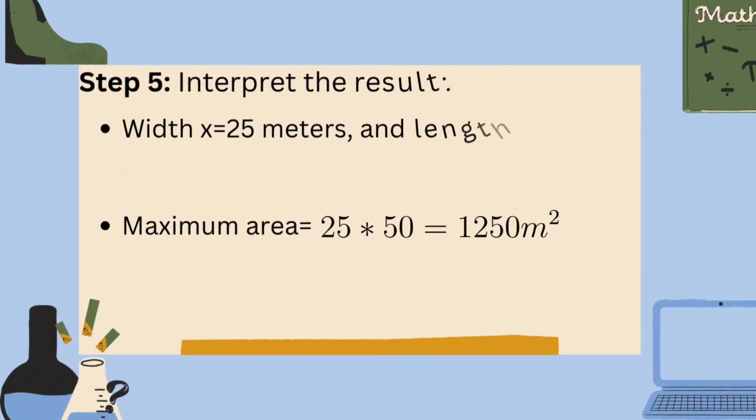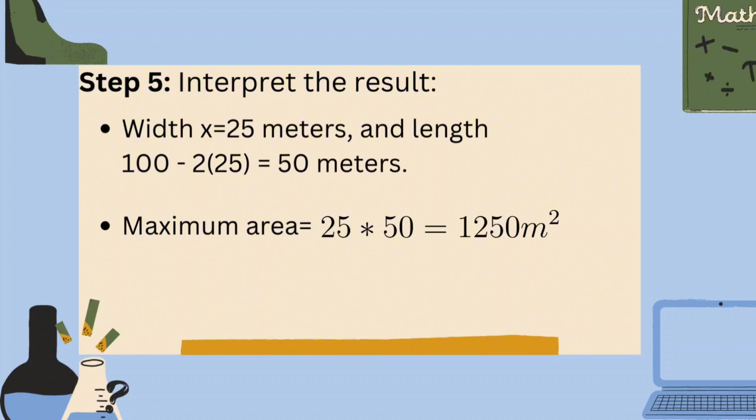And lastly, for the fifth step, we need to interpret the result. We need to verify the solution against the context of the problem. So as we got from the last step, x equals 35 meters, and for the length, we substitute x in the equation: 100 minus 2(35) equals 50 meters.